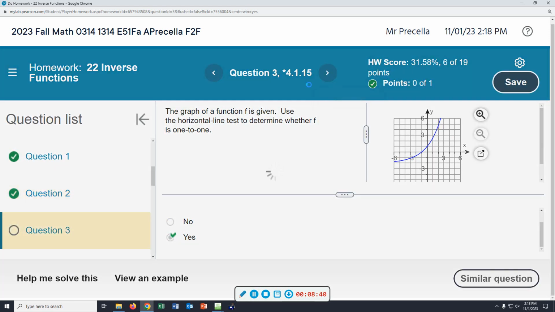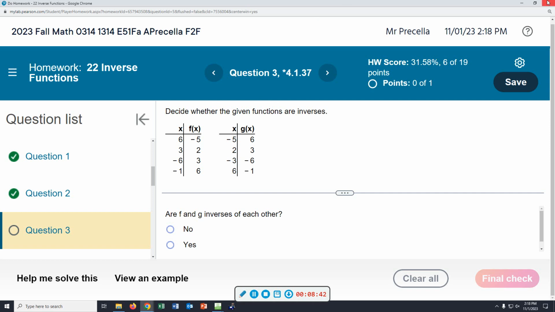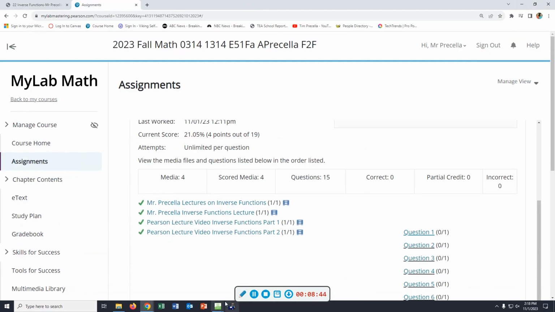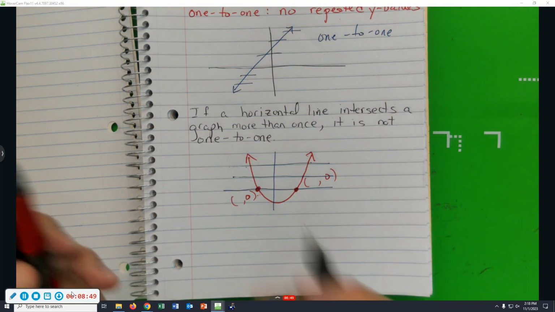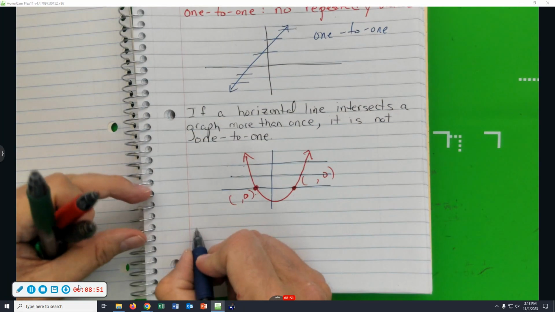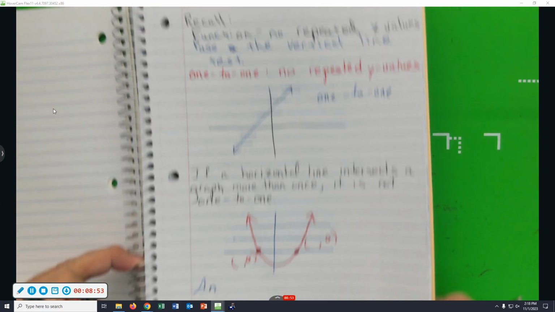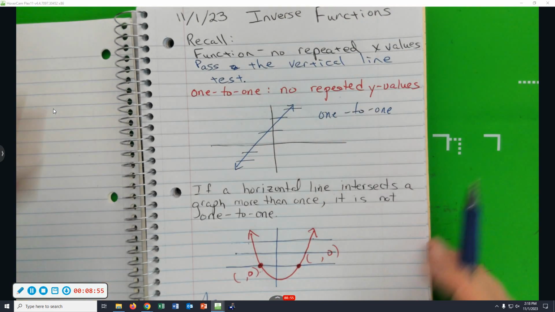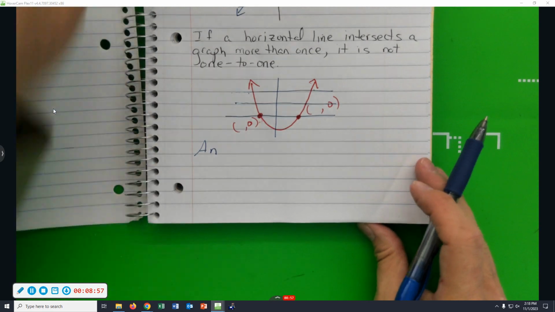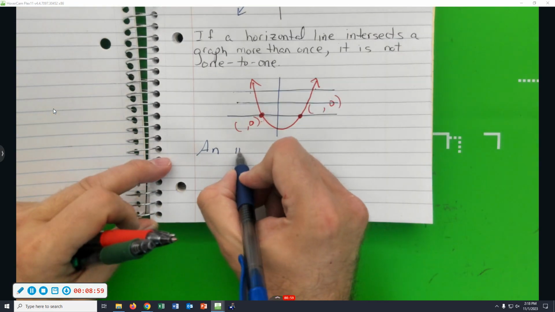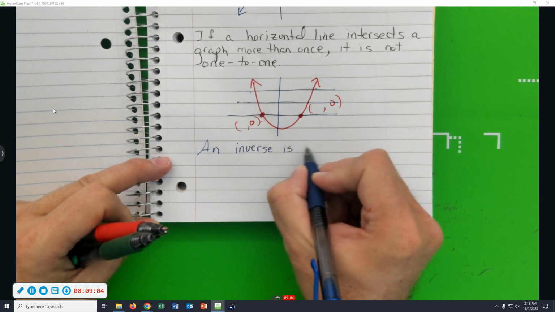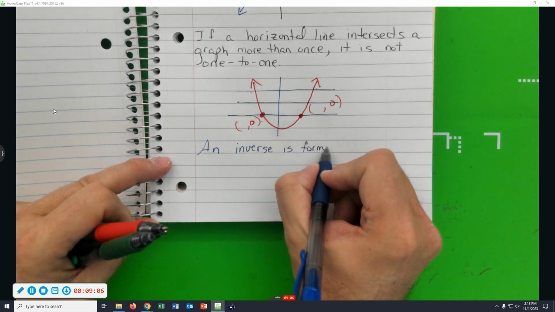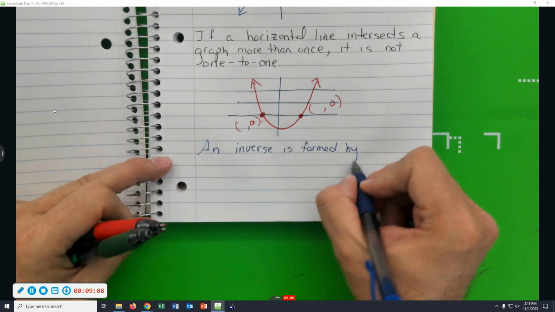I was going to define inverse. Okay. Go ahead. The name of this is inverse function. So what the heck is an inverse? Well, in algebra, an inverse is formed by switching.